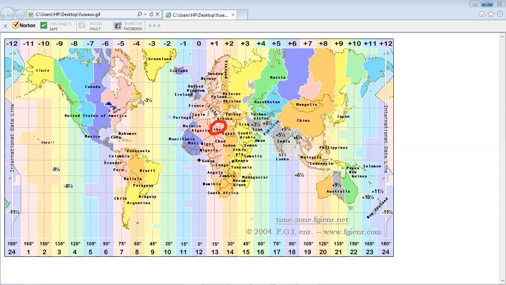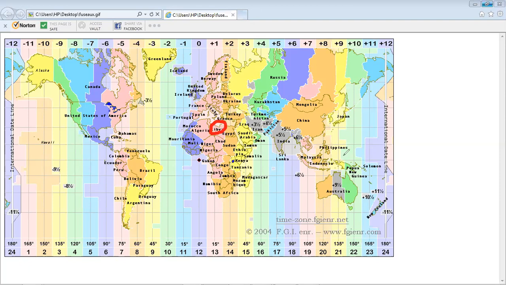How many hours difference between Libya and Japan? Libya is in +1 and Japan is in +9. The difference is 8 hours. Yes, that's right, 8 hours.